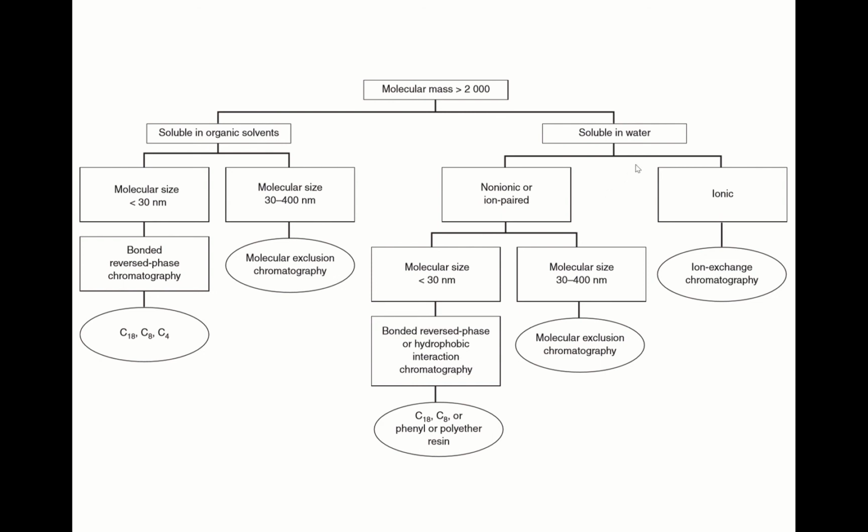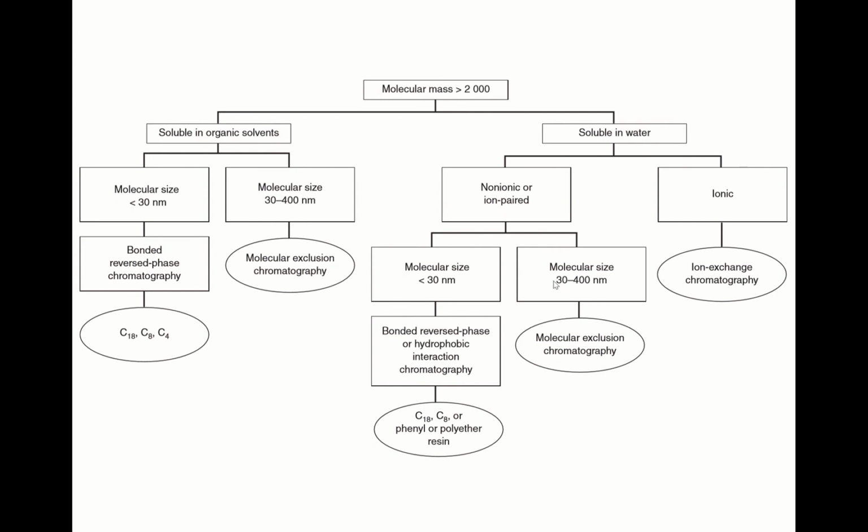And if the solute is soluble in water, then decide whether it is non-ionic or ion-paired, or it is ionic. If it is non-ionic or ion-paired, then depending on the molecular size we decide the stationary phase. If molecular size is less than 30 nanometers, the bonded reversed phase or hydrophobic interaction chromatography is the answer.